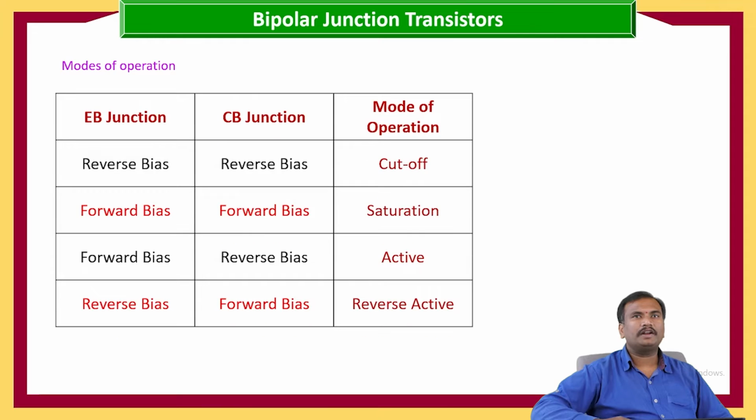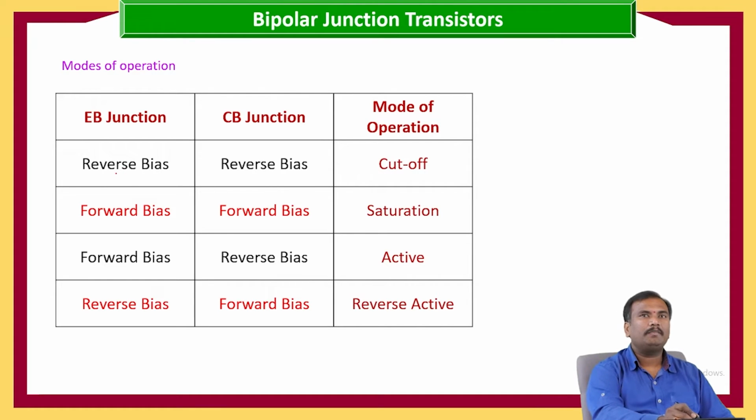The modes of operation. Here we are going to have different modes of operation of emitter base junction and collector base junction. When emitter base junction is reverse bias and collector base junction is reverse bias, the transistor will be in cutoff mode of operation.